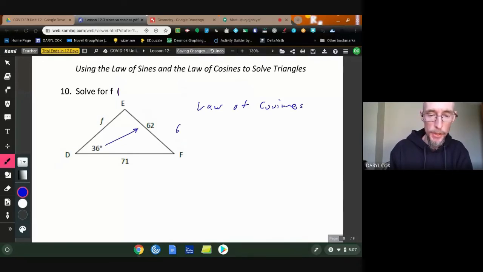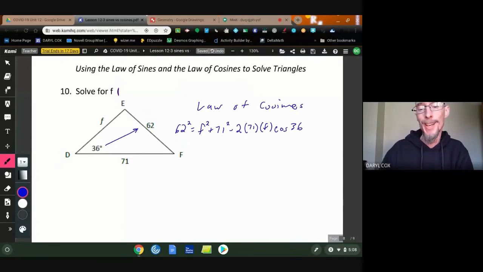So 62 squared equals f squared plus 71 squared minus 2 times 71 times f times the cosine of 36. And I'll be honest with you, you don't quite know enough algebra to be able to solve this very easily. So this is not something I would ask you to solve, okay? It's well above this class.